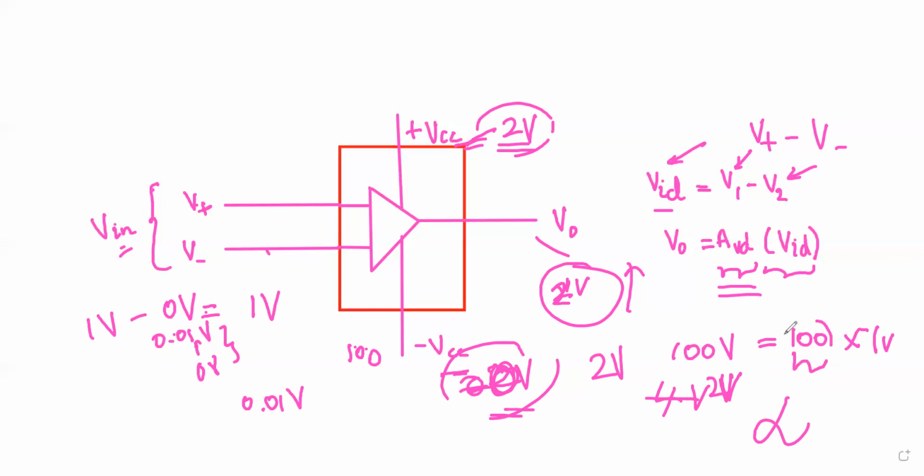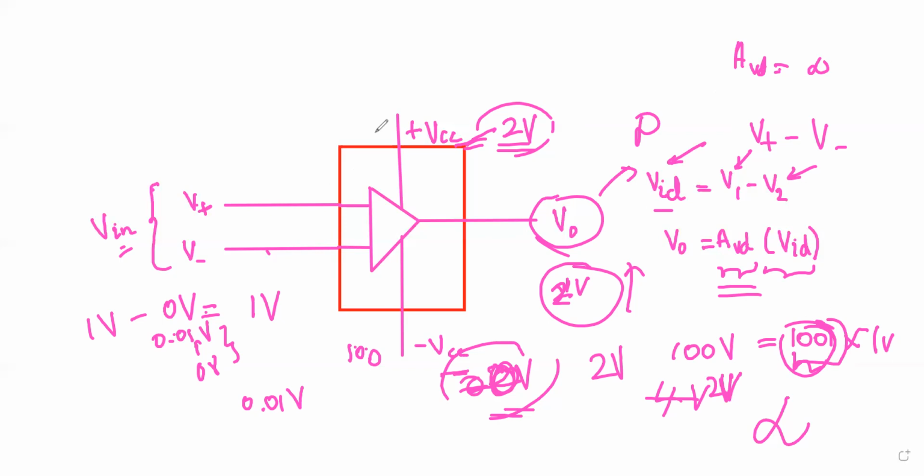So normally we are getting a value for this, but theoretically we will say, if you are using an op-amp, it's going to give an infinite output, because we will take the AVD as infinite. But in actual condition, it won't be like that. It will have a certain limit. So these are the major things you need to know.